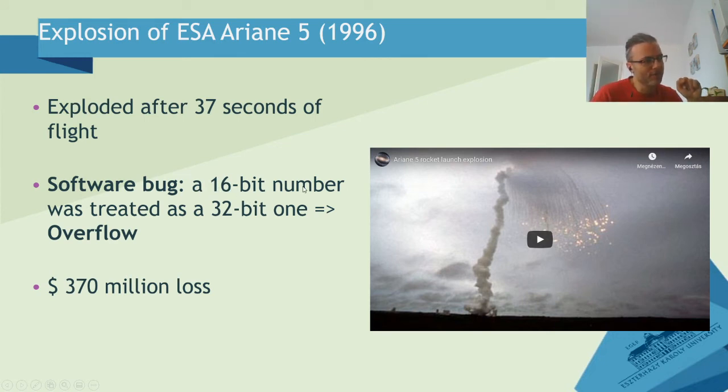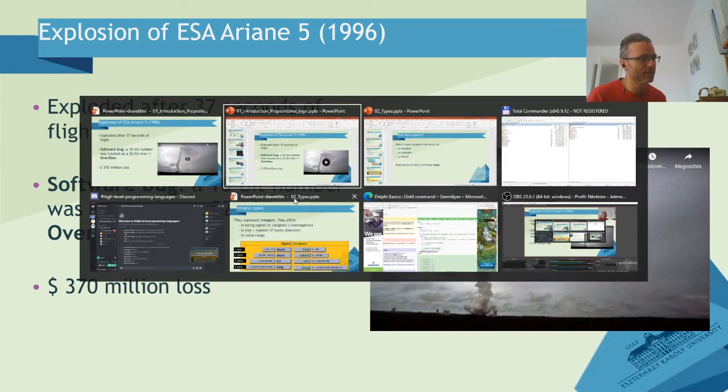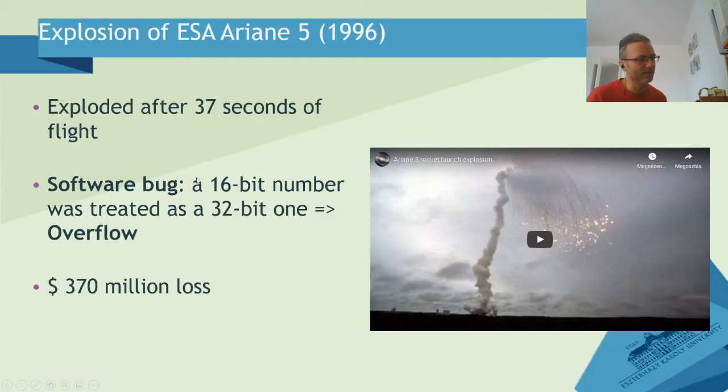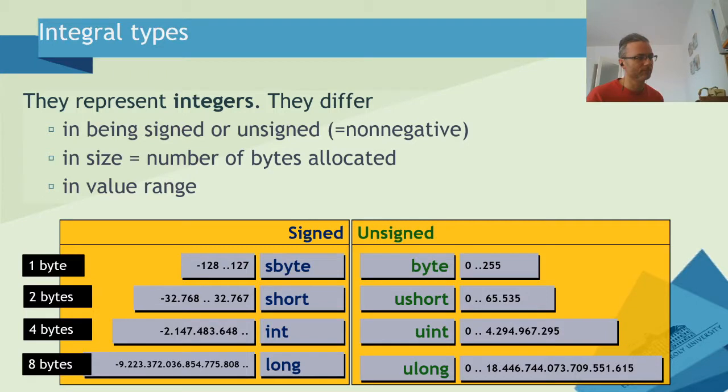This programmer used a 16-bit, in other words a 2-byte type, so probably he or she used short. This is a 16-bit type. On the other hand, he or she thought they were using a 32-bit type, for example an integer. It's a very huge mistake.